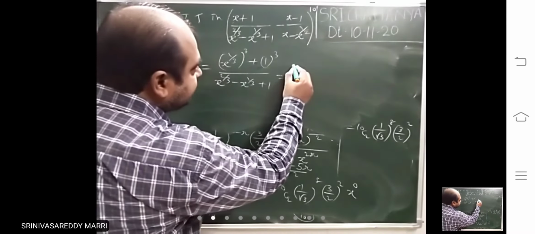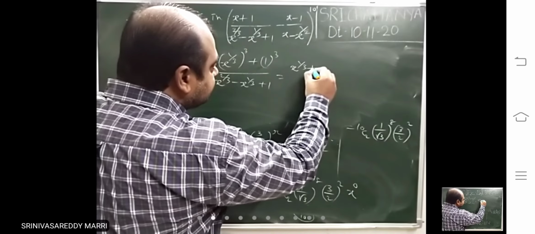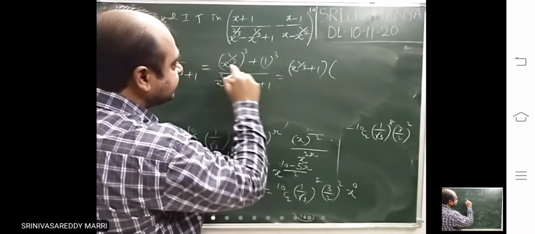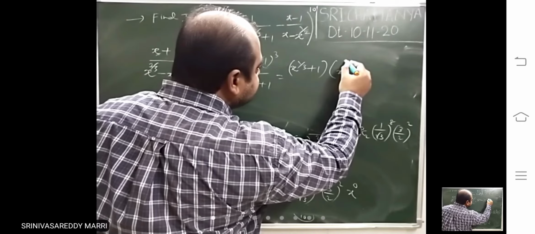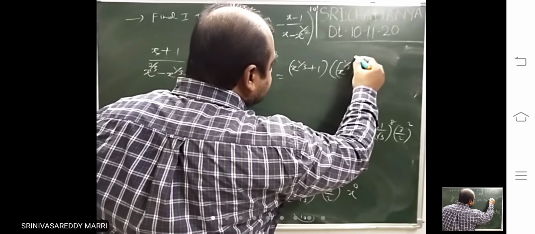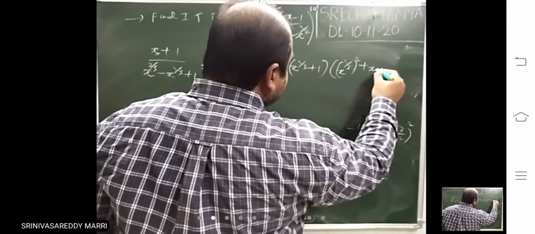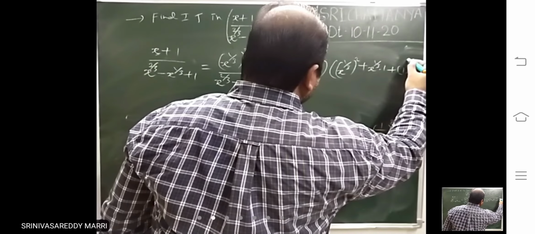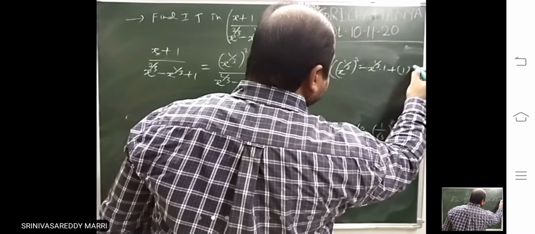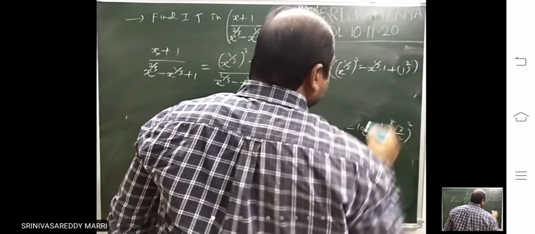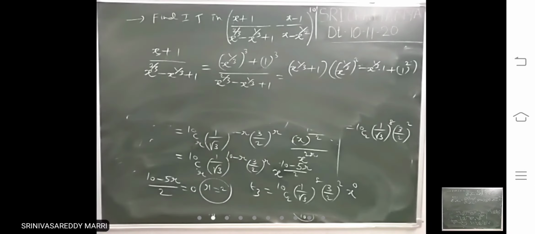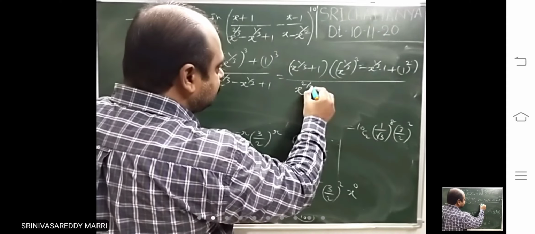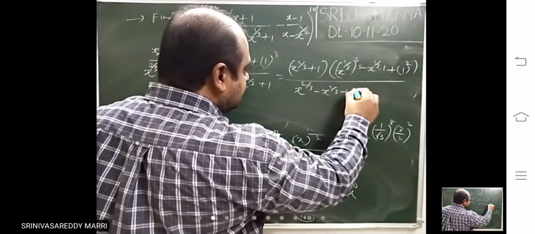A cube plus B cube is what? A plus B into A square minus AB plus B square. A square means x power 1 by 3 whole square. So A plus B into A square minus AB plus B square, divided by x power 2 by 3 minus x power 1 by 3 plus 1.